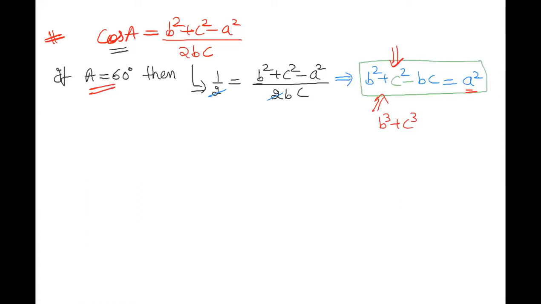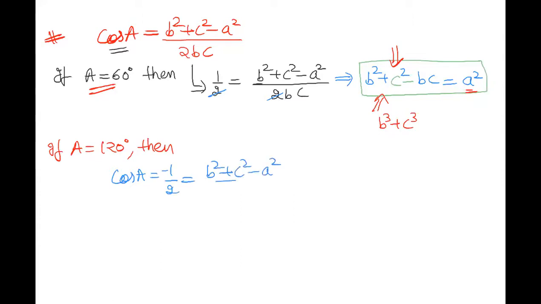And the same thing, if A is equal to 120 degree, then cos A, for 120, is minus 1 by 2. This would be B square plus C square minus A square divided by 2BC. If I cross multiply this, it comes out that A square is equal to B square plus C square plus BC.